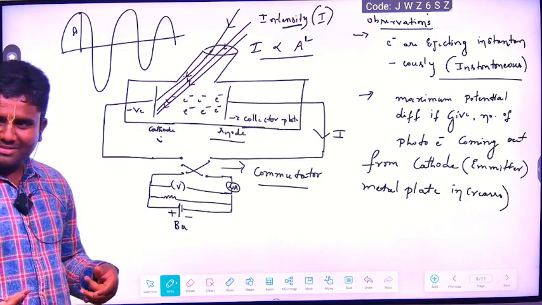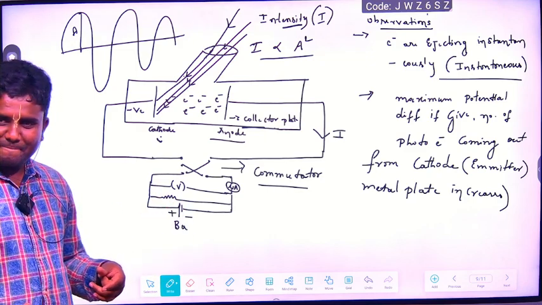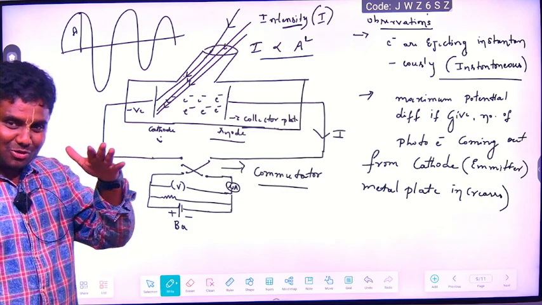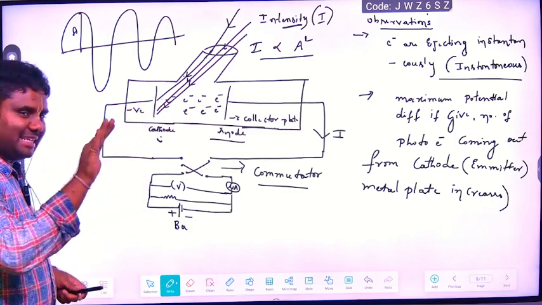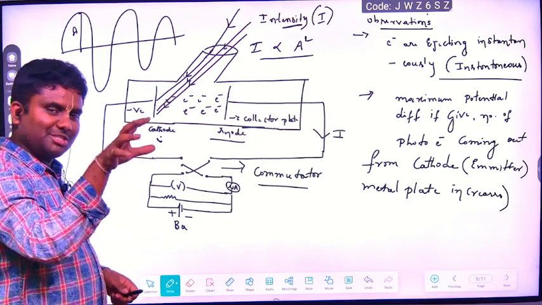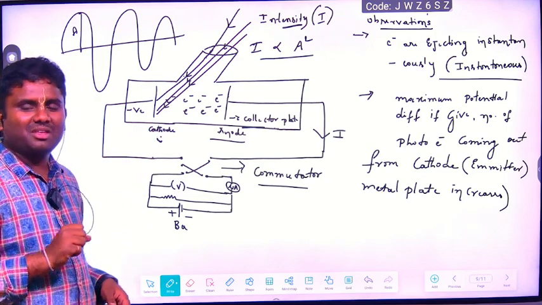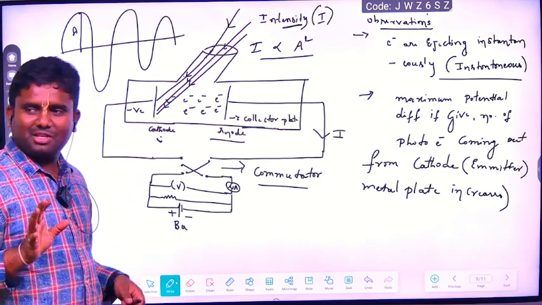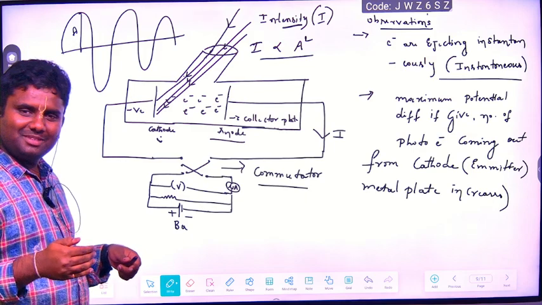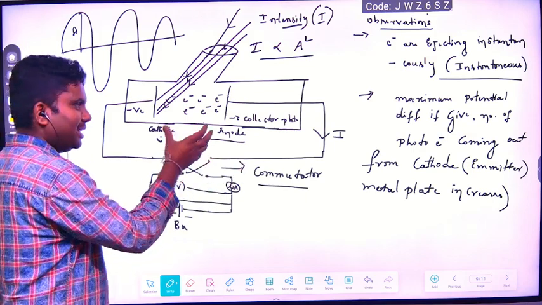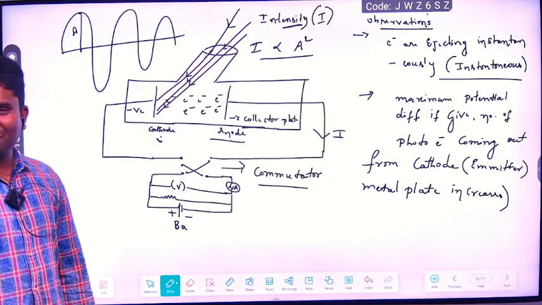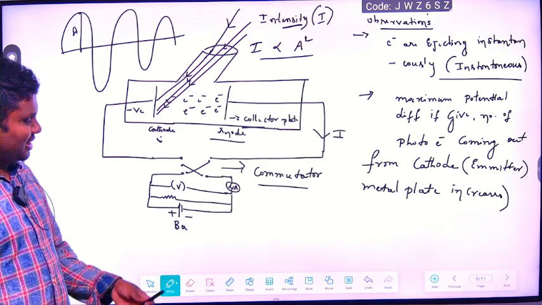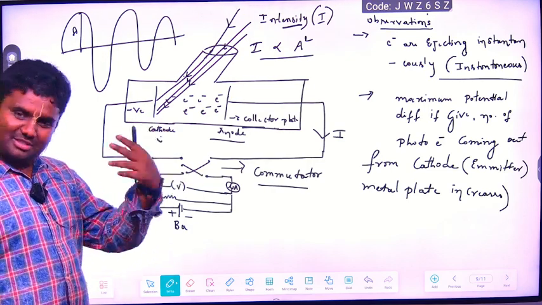Now what will happen? The flow of charges will also decrease. Whenever the potential I am giving to the plates decreases, the flow of charges also decreases. Now slowly, using the commutator, I will make the potential difference 0. Will the flow of charges decrease to 0?